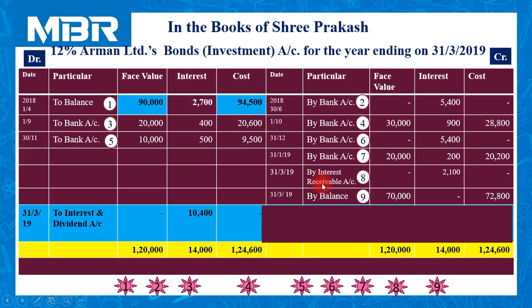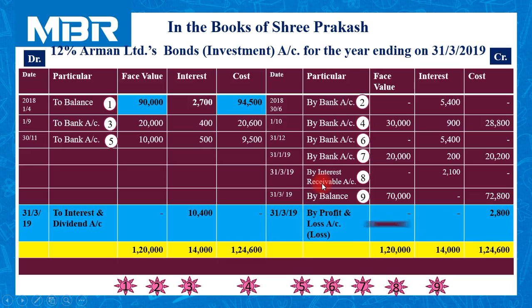Total of the cost column on the debit side is rupees 124,600, which is higher. That is why the difference is available on the credit side by rupees 2,800. This is the amount of loss that we need to transfer to profit and loss account.